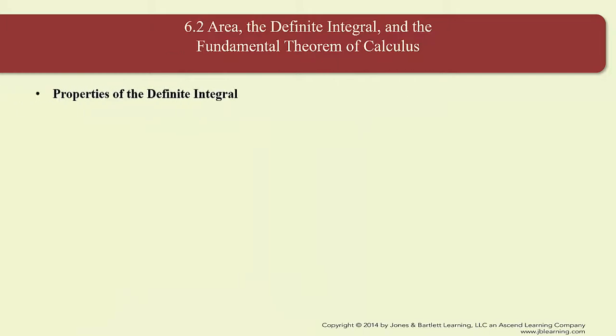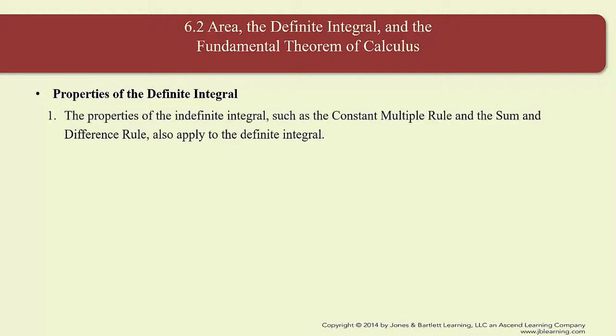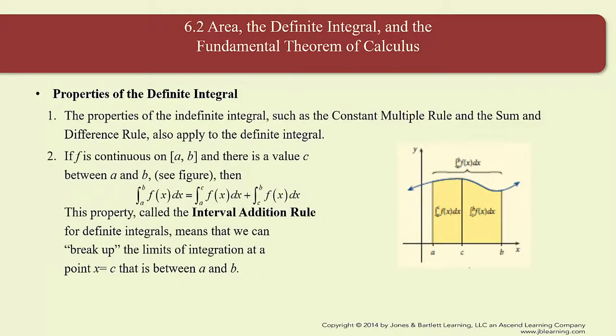Real quickly, I do want to talk about some properties of the definite integral. First off, all those properties we saw in section 6.1 on the indefinite integral, such as the constant multiple rule and the sum and difference rule, are still true for definite integrals. Number 2 is a very special property.